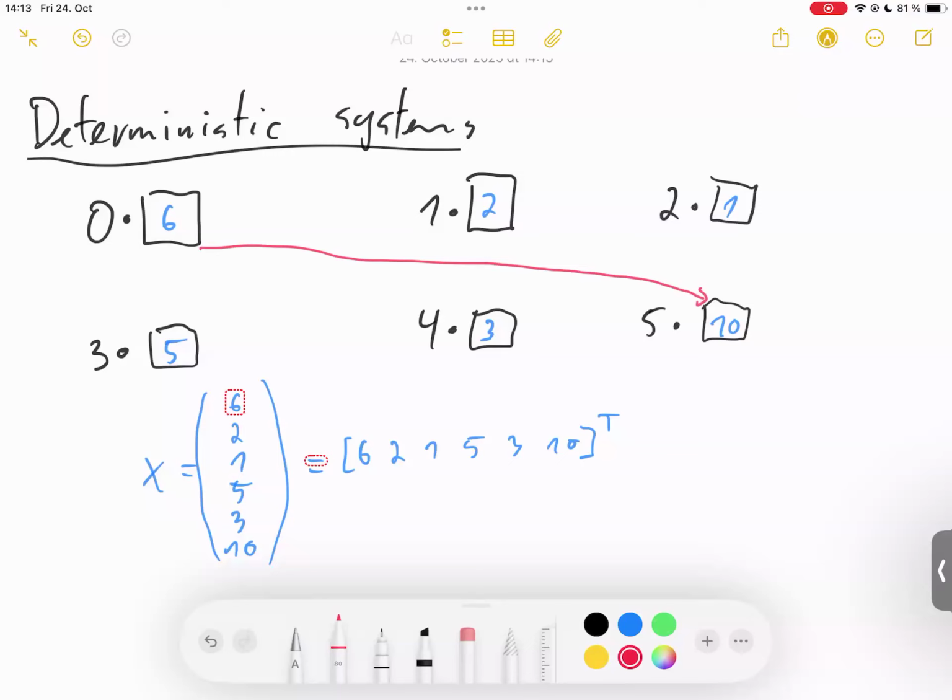The marbles from position 1 to position 2. From 2, we move to 4. In 3, we keep them. And from position 4, we move to 5 as well. And from 5, we move to 2. This could be one example graph that the book uses.